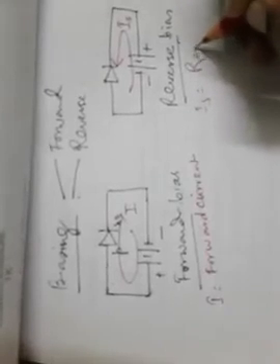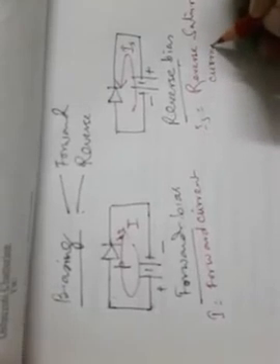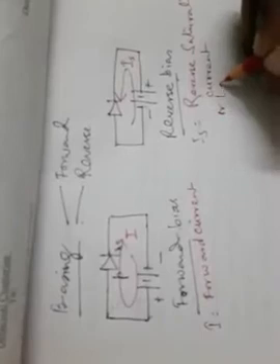Now this current is denoted by IS, where IS is called reverse current, or better we can say it as reverse saturation current, or only reverse current, or leakage current.